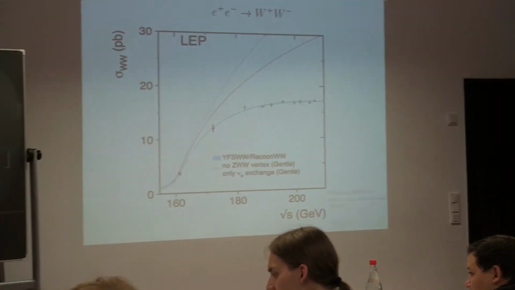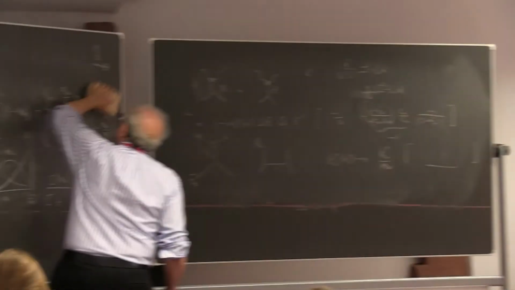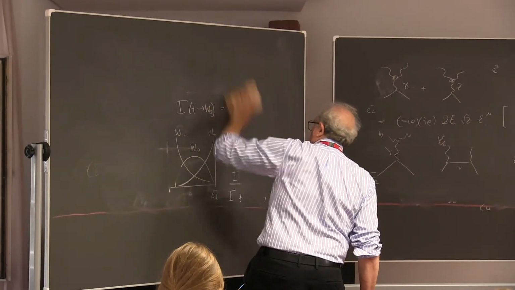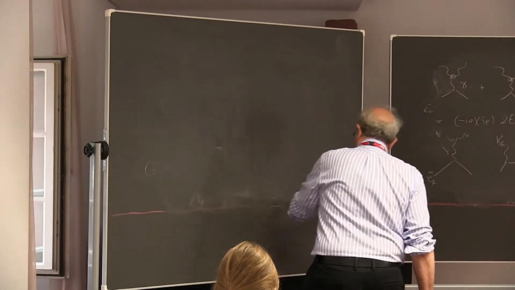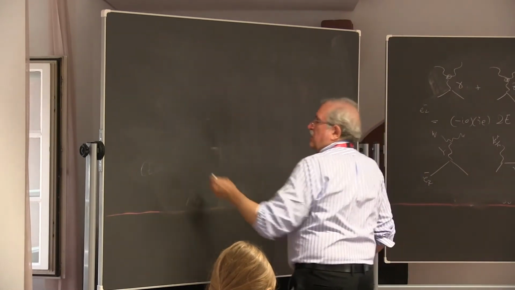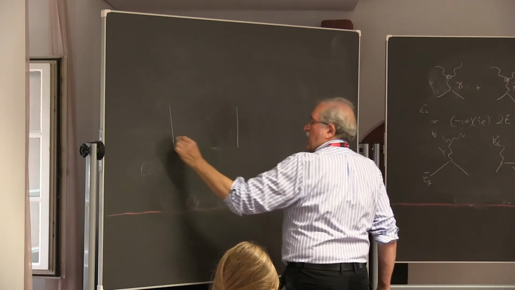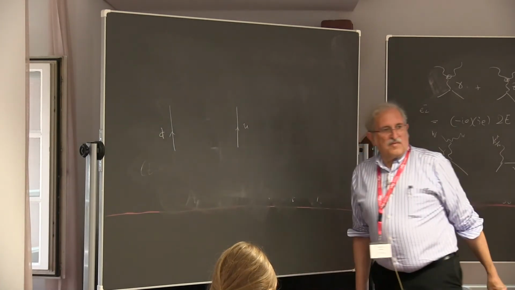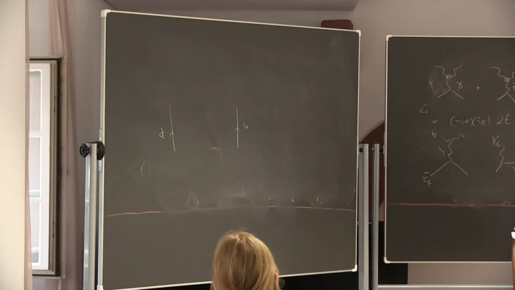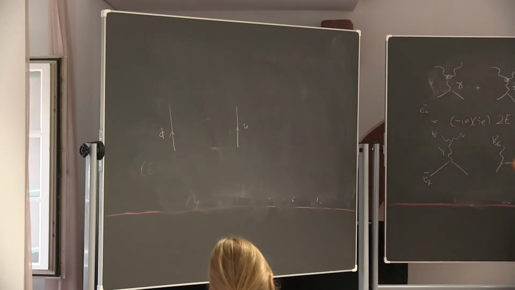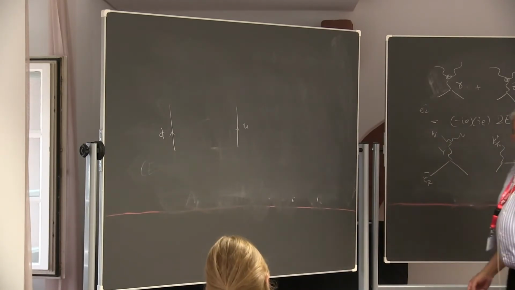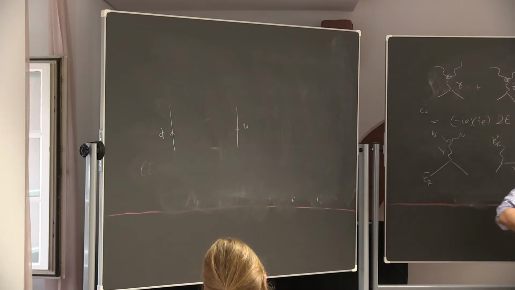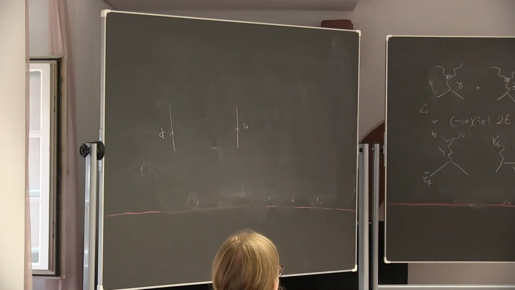So here's the process we'd like to consider. I go to the LHC. I have some down quarks coming from one proton and an up quark coming from another proton. These quarks rush together, and being fermions, which are essentially massless, they can emit collinear radiation.